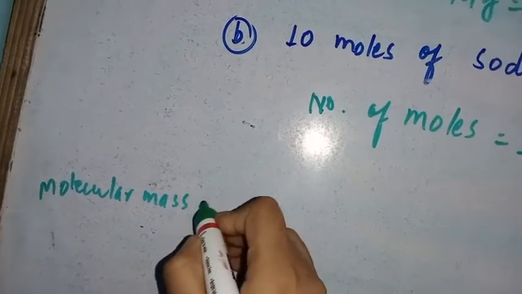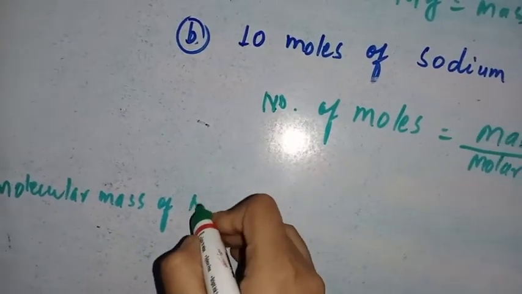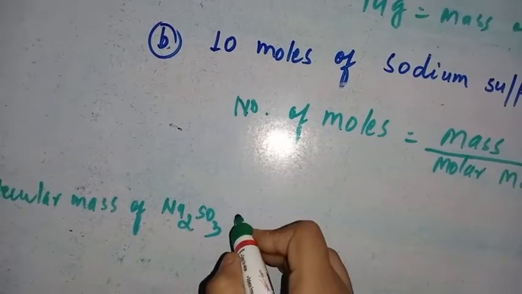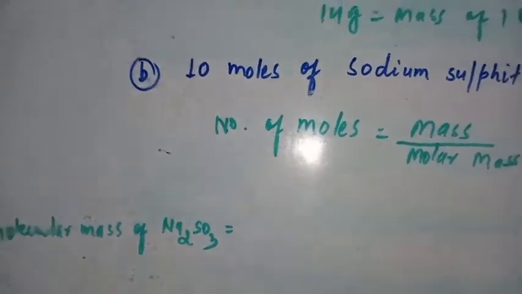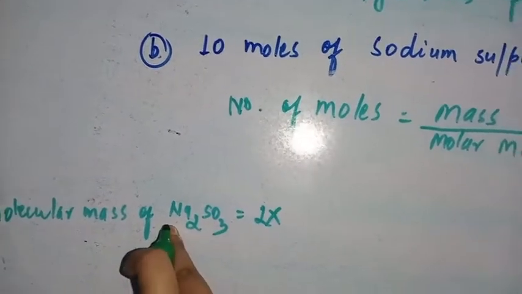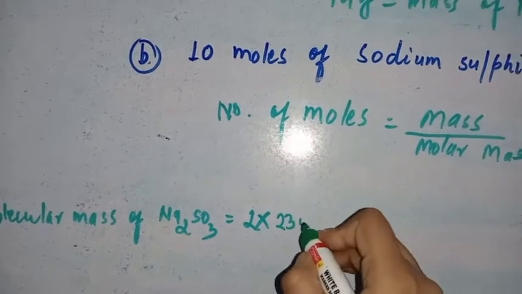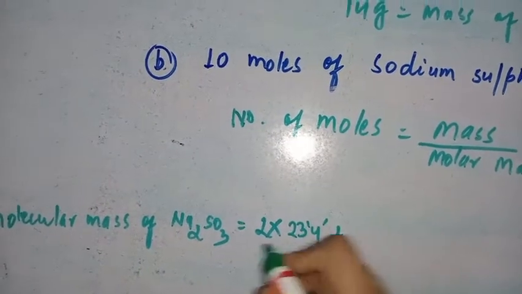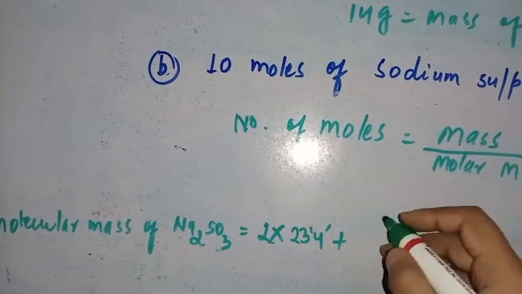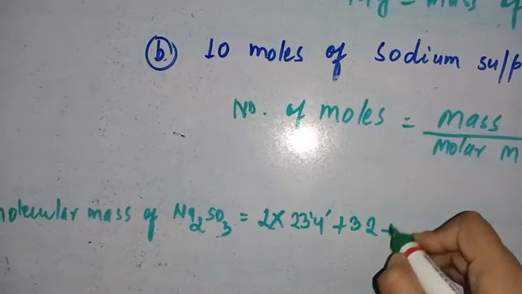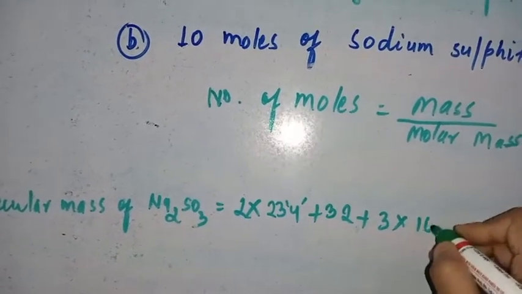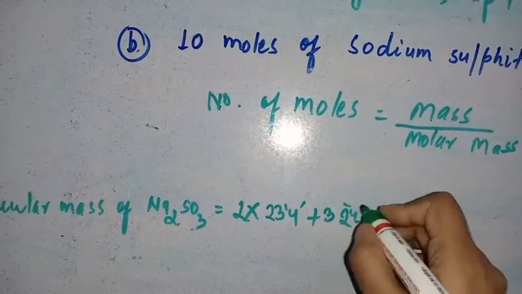So we will just write the molecular mass of sodium sulfite. Sodium sulfite is what? Na2SO3. It is equal to, how will we calculate? 2 into the atomic mass of sodium, that is 23 u, plus the atomic mass of sulfur. Atomic mass of sulfur is how much? 32, plus 3 into the atomic mass of oxygen, that is 16 u.